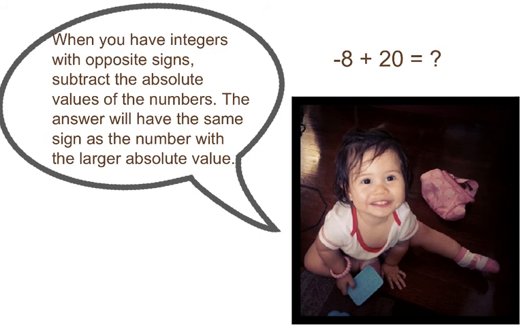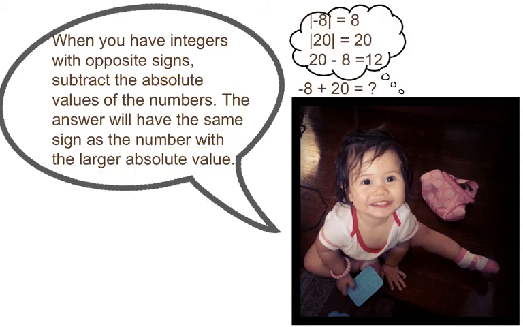So let's review. When you have integers with opposite signs, subtract the absolute values of the numbers. The answer will have the same sign as the number with the larger absolute value. So for example, -8 plus +20. Well, I know the absolute value of -8 is 8. I know the absolute value of 20 is 20. 20 minus 8, because I'm subtracting because I have opposite signs, is 12.